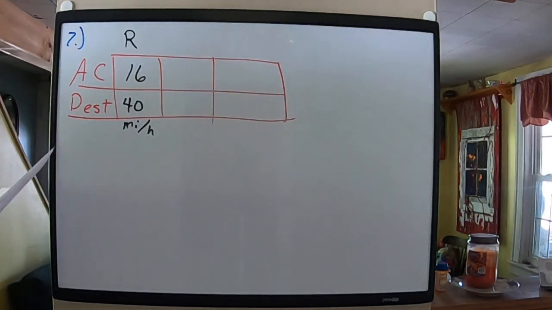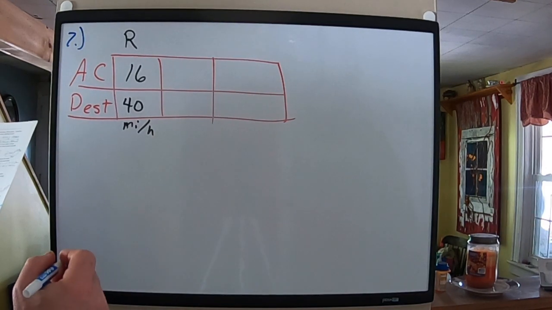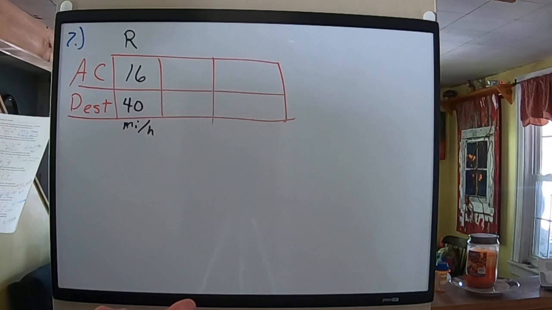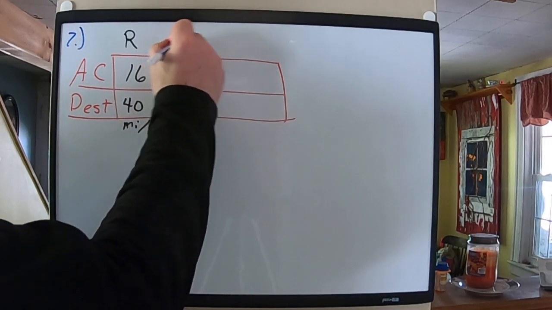It goes on to say that sailing in the same direction, leaves port at the same time. Aircraft carrier leaves the same port and sails in the same direction. So they're both leaving at the same time.